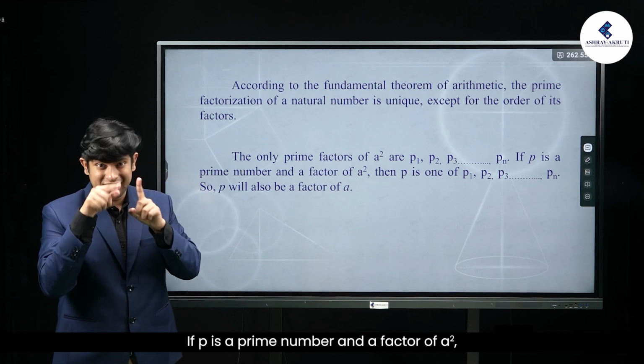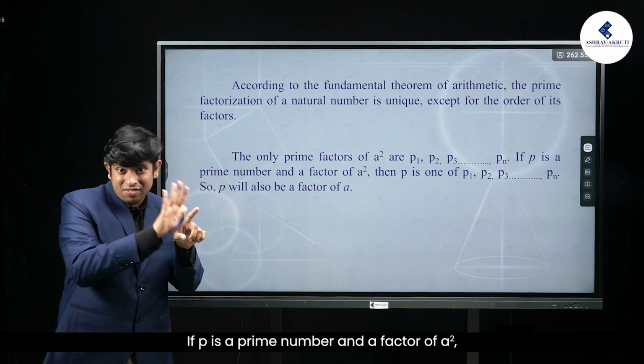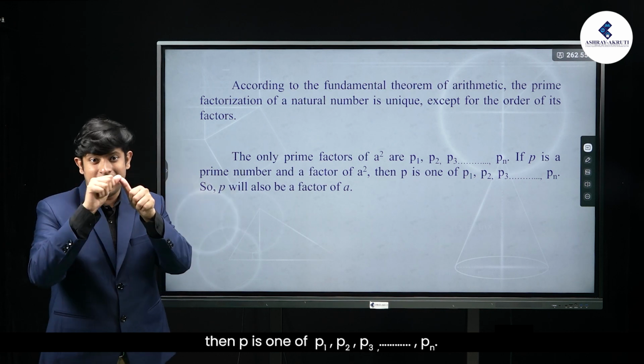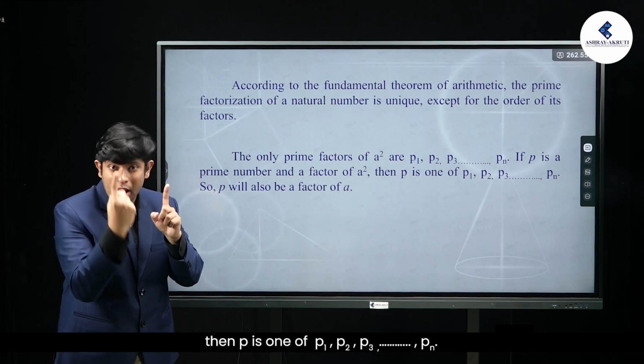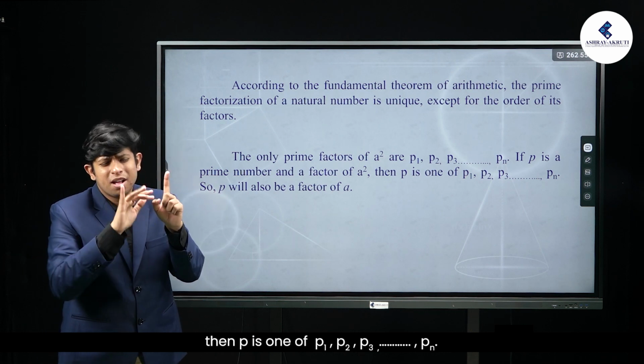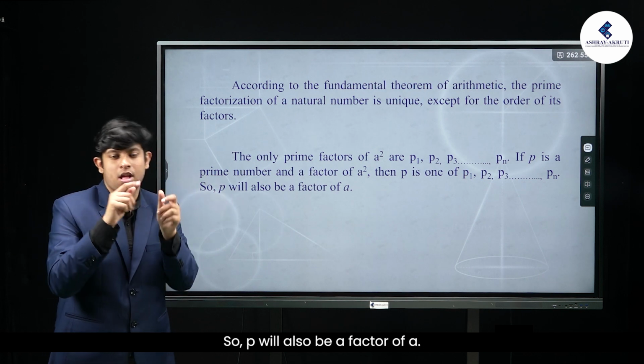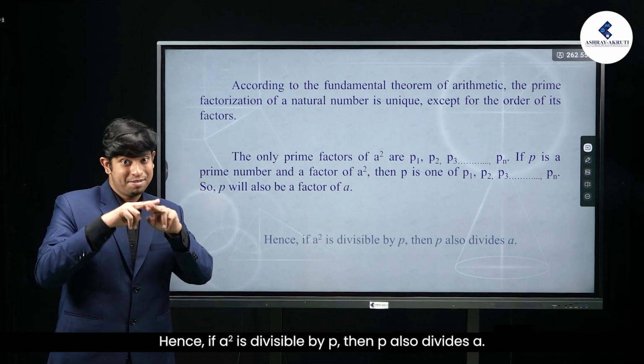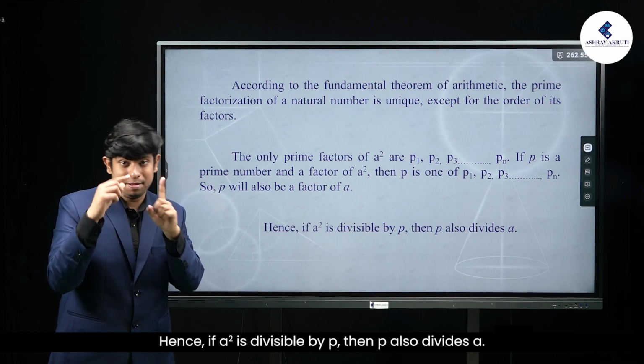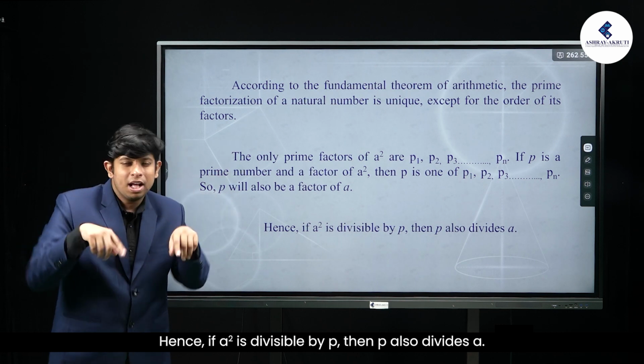If p is a prime number and a factor of a square, then p is one of p1, p2, p3, so on pn. So p will also be a factor of a. Hence, if a square is divisible by p, then p also divides a.